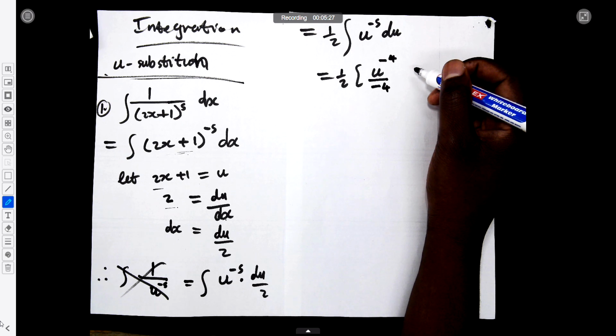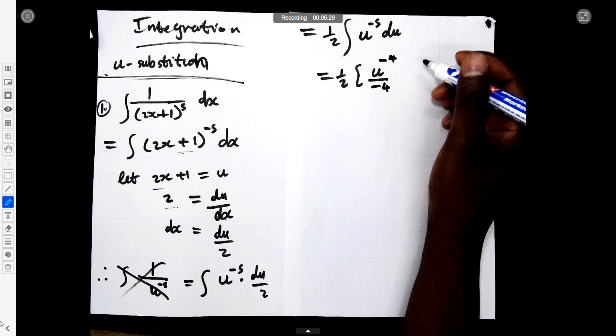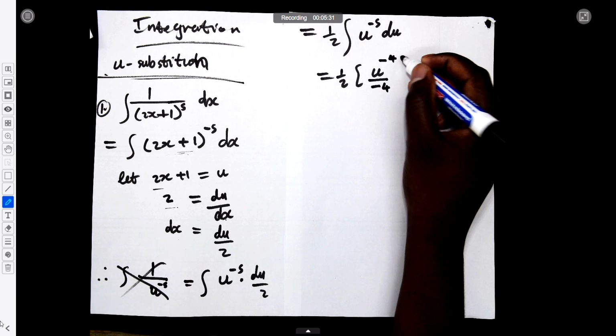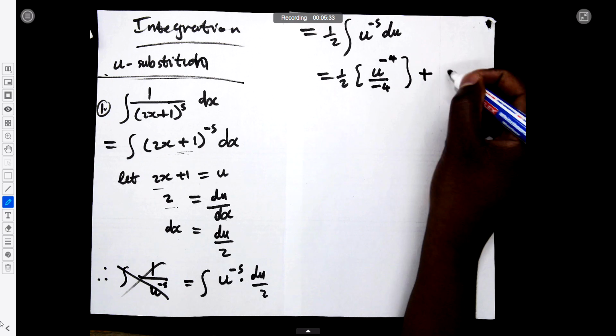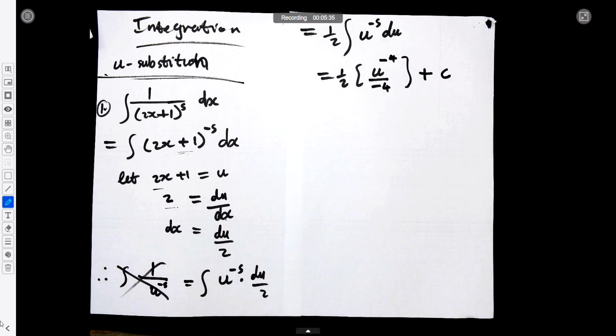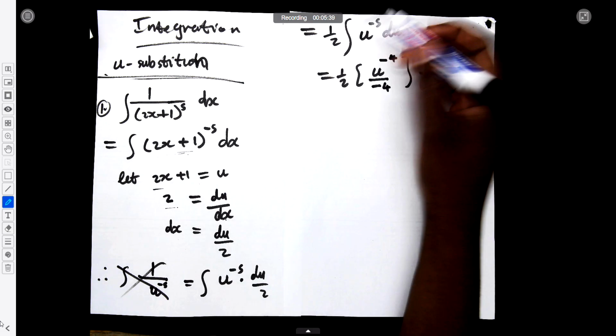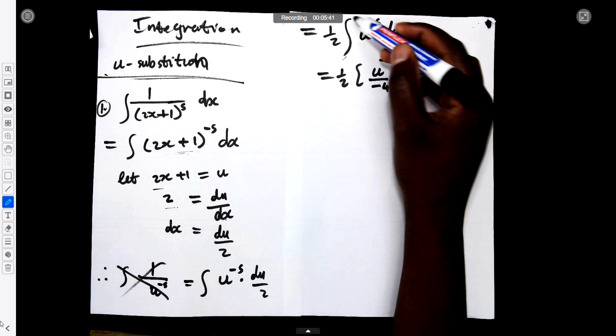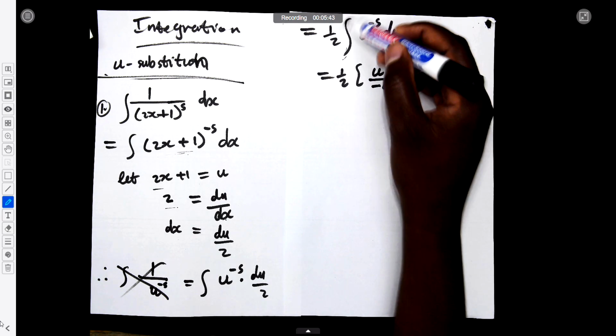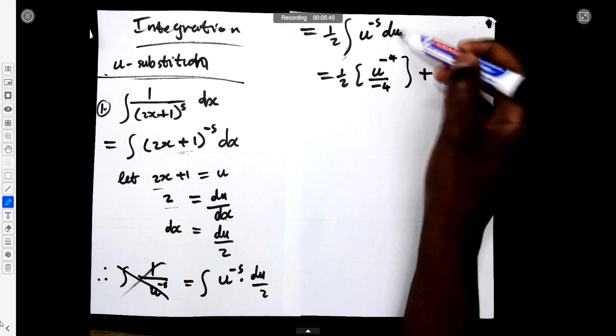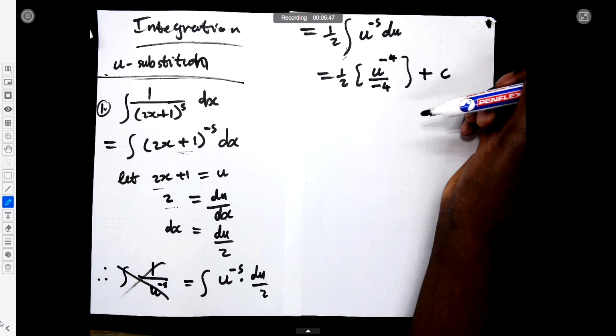Remember, we're not subtracting, we are integrating, we are adding. Therefore, plus a constant when we have integrated. I hope it's clear. When we integrate this, you ask yourself, what did I differentiate in terms of u to get u to the power of -4?